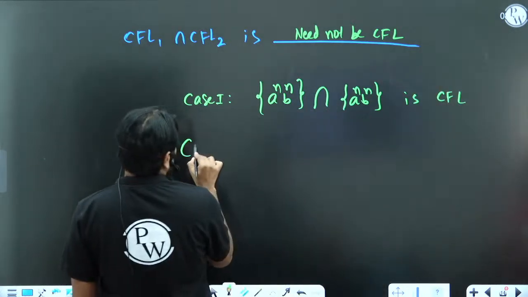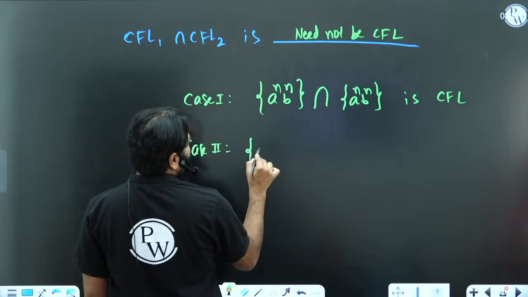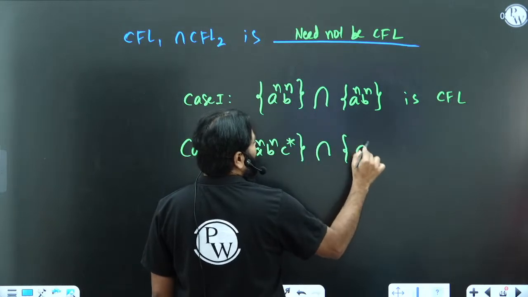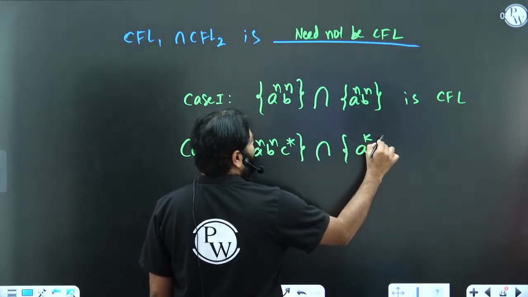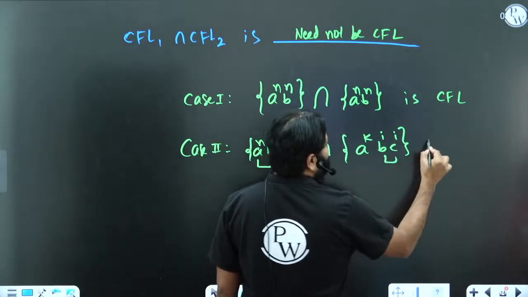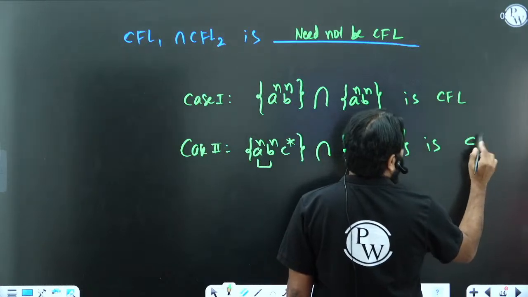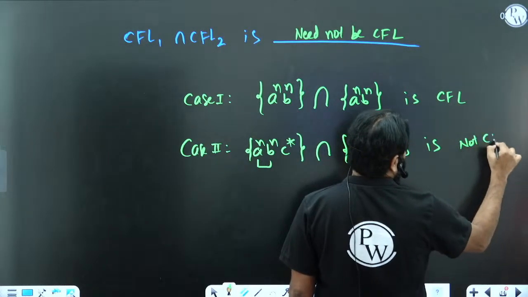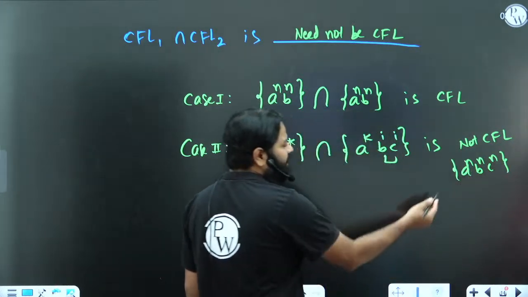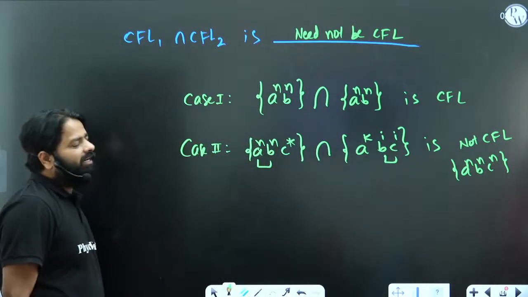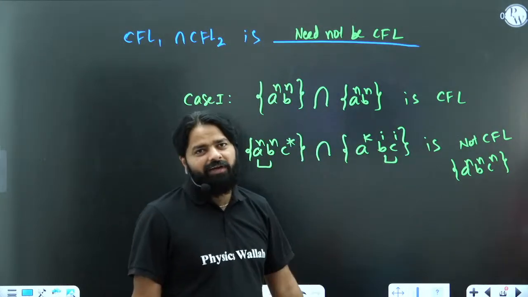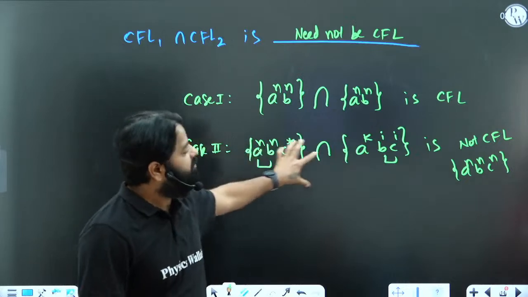But if I take a^n b^n c^* intersection a^k b^i c^i, then here a and b are equal, there b and c are equal, and you will get a^n b^n c^n, where all 3 are equal. This is a context sensitive language, not a CFL. So that is the reason intersection of 2 context free languages may or may not be a CFL. These 2 examples, and this example was asked many times in the exam.